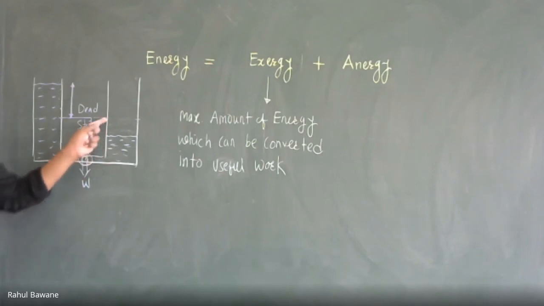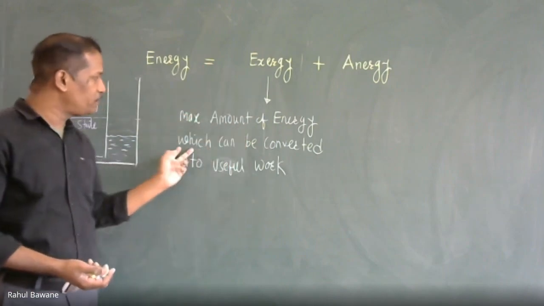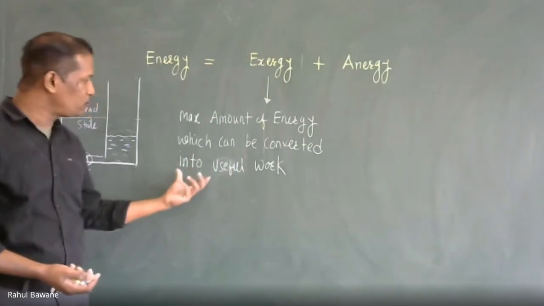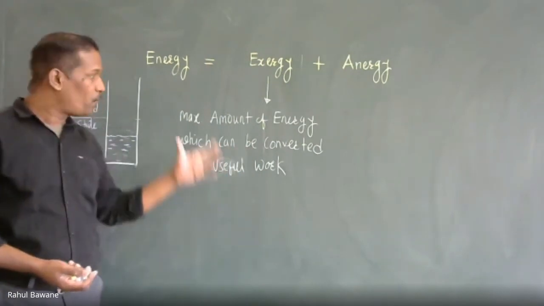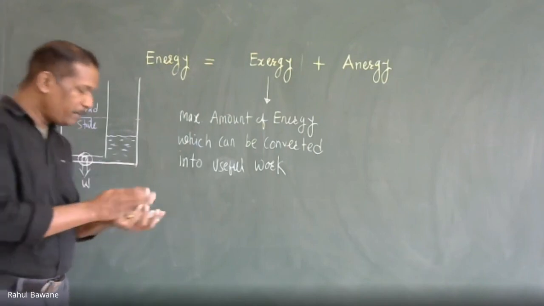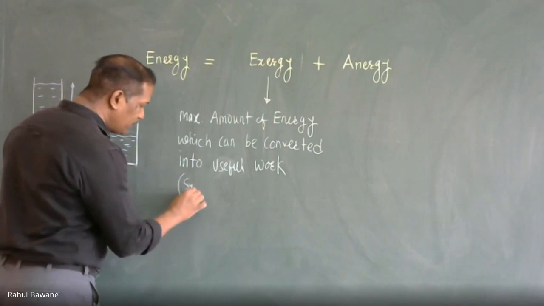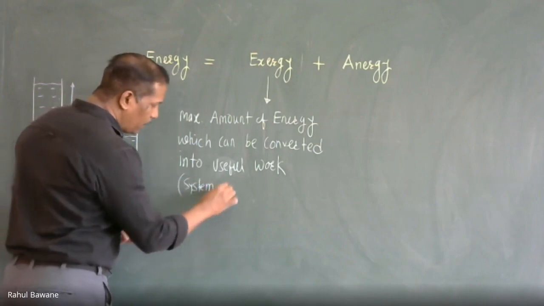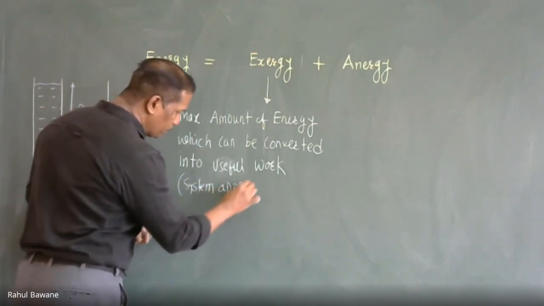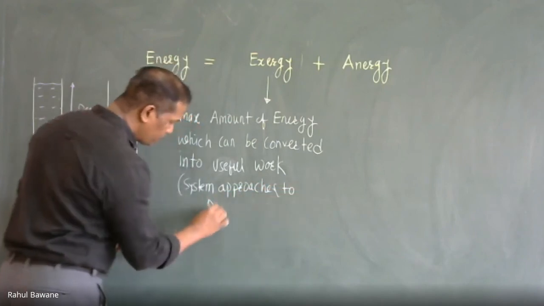When it reaches the dead state. So exergy is related to the amount of energy which can be converted into useful work. But which amount? The maximum possible. And when is the maximum possible? When your system approaches the dead state.